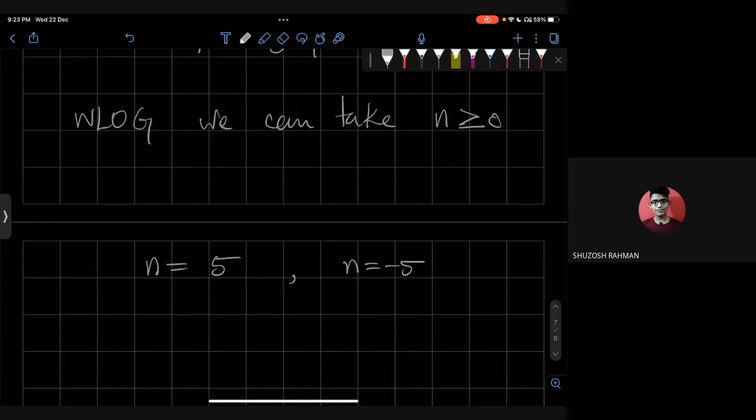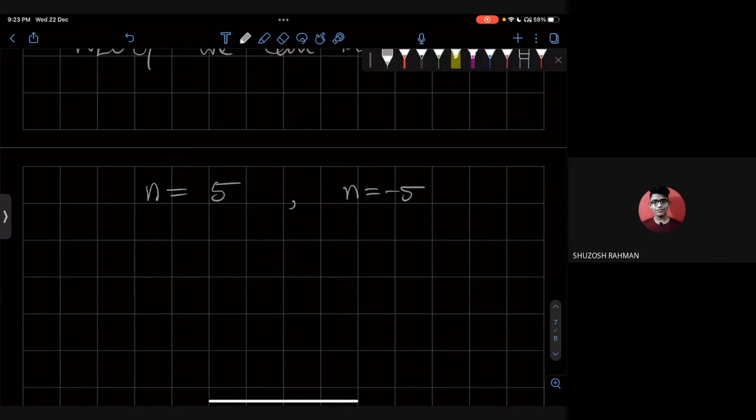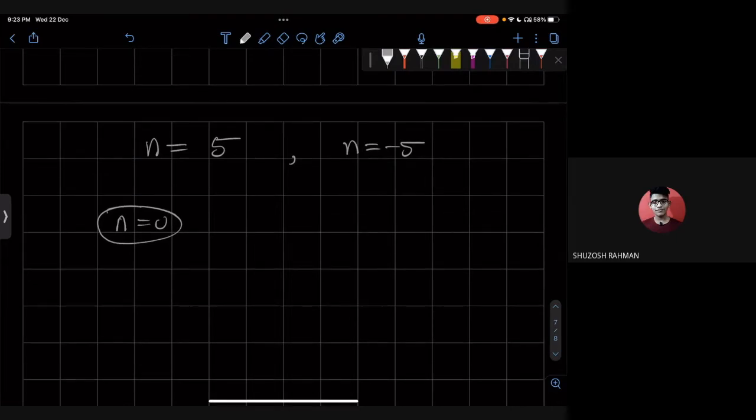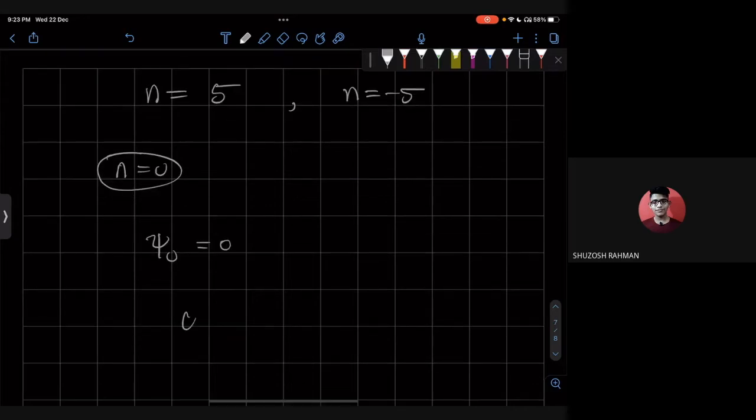Okay. The other thing is that if you put n equals 0, then we see that our wave function psi of 0 is 0. Why is that?